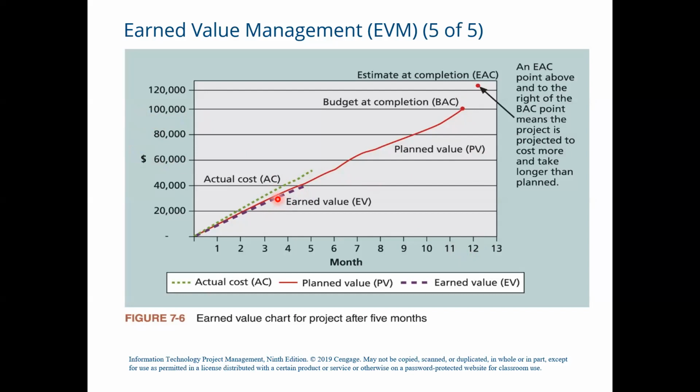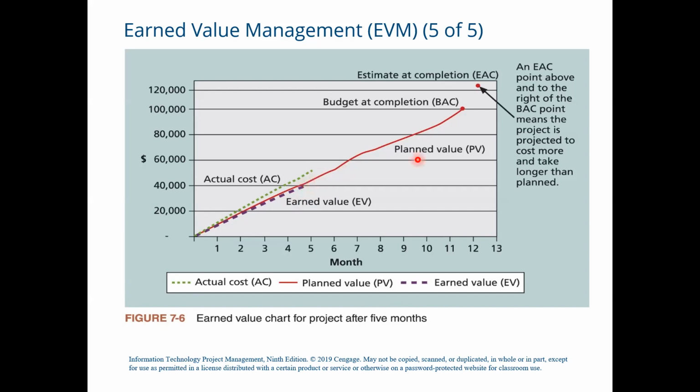The planned value line is close to the earned value line and is slightly higher in the last month, right? This relationship means that the project has been on schedule until the last month, when the project fell behind schedule.